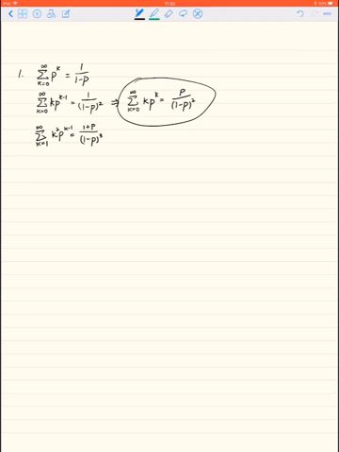And if we multiply by p again, then we get the sum from k equals 1 to infinity of k squared times p to the power of k equals (1 plus p) times p divided by (1 minus p) to the power of 3.